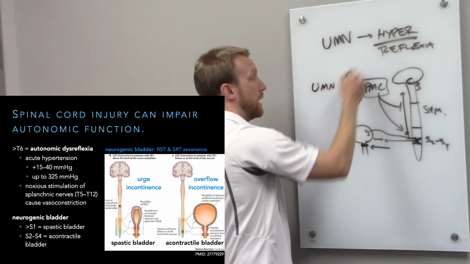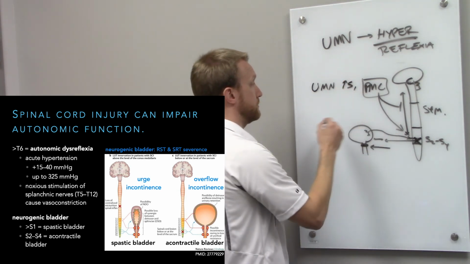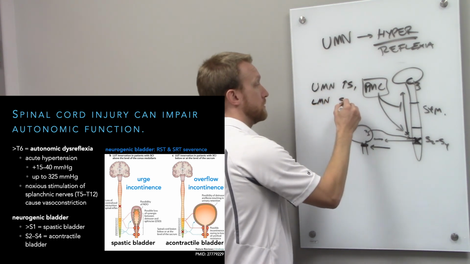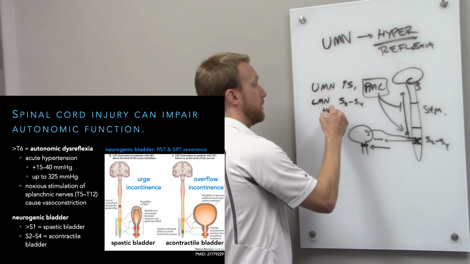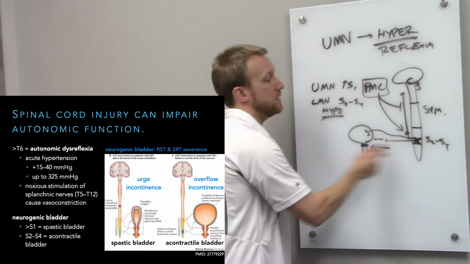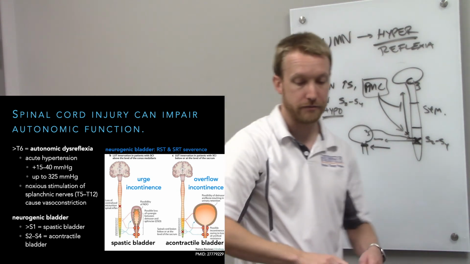Upper motor neuron, hyperreflexia. In this case, anything above that S2, S4. Lower motor neuron, hyporeflexia. Even though the bladder fills up, we can't stimulate that reflex, the reflexive emptying of the bladder.